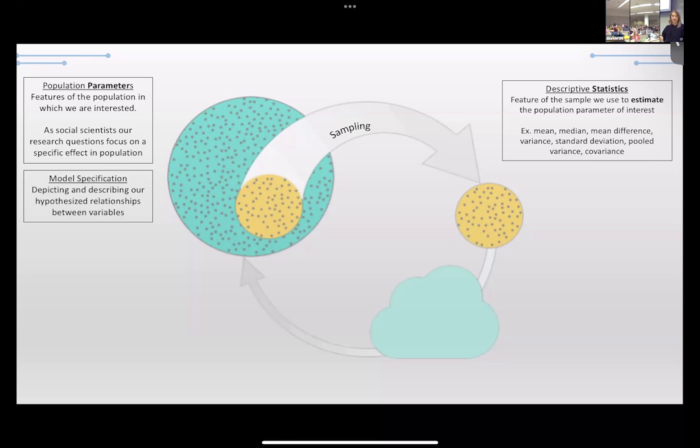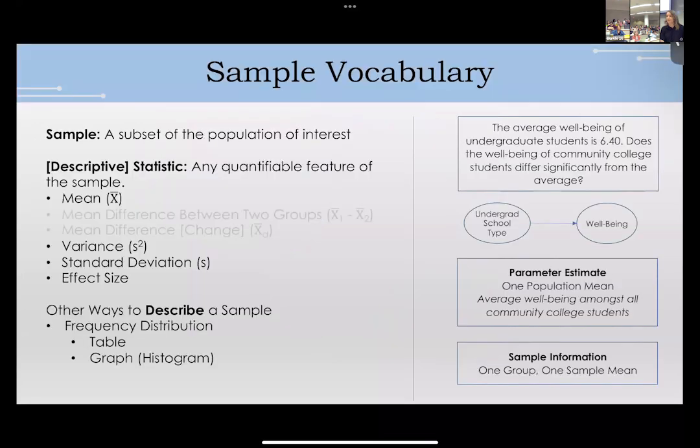We're not saying it's great. In fact, we're going to have to determine how bad it is, right? But the point is, a descriptive statistic is a feature of the sample that we use to estimate the population parameter, right? Because it's all we have. It's the only access we have to that population. We don't get to take 25 samples or hundreds of that.